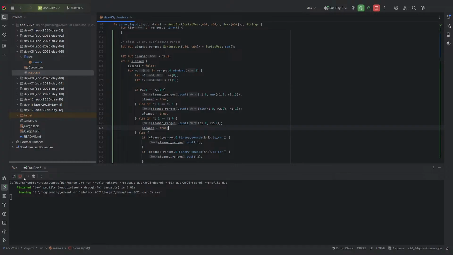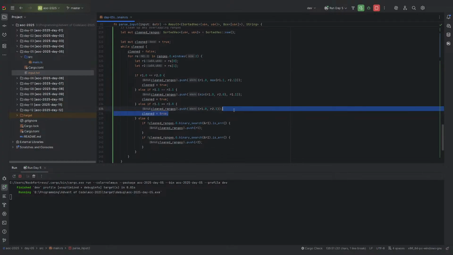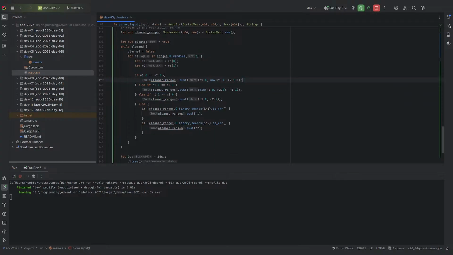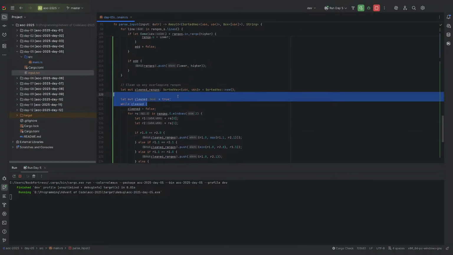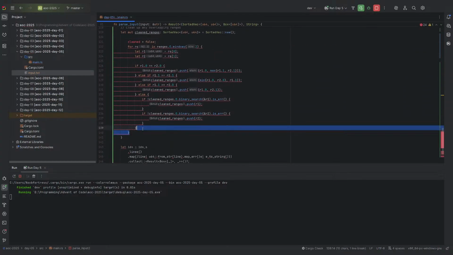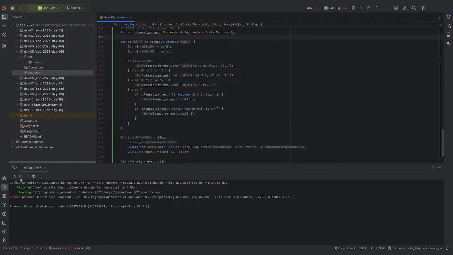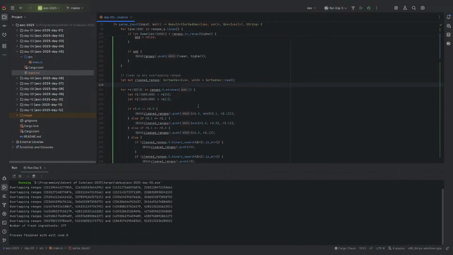And that's an endless loop. Why? I don't get why is it still having overlapping ranges.